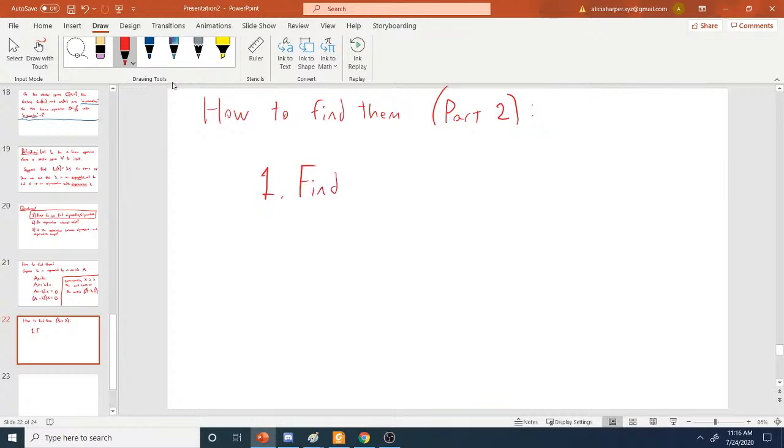First, find all lambda such that A minus the identity matrix times lambda is singular.